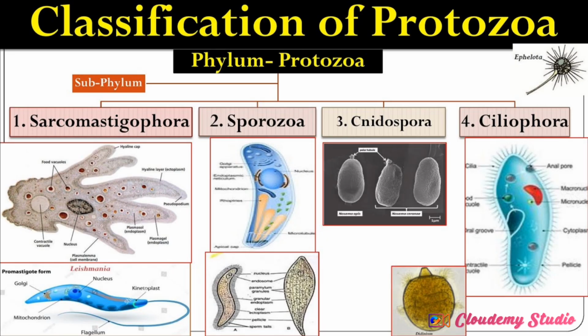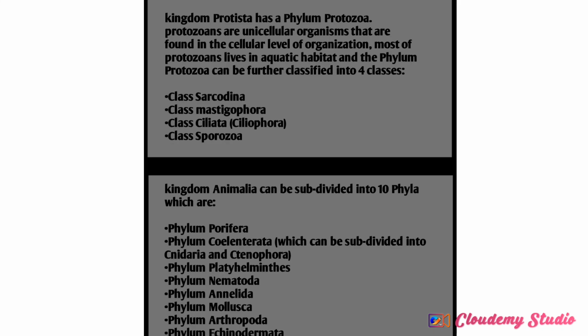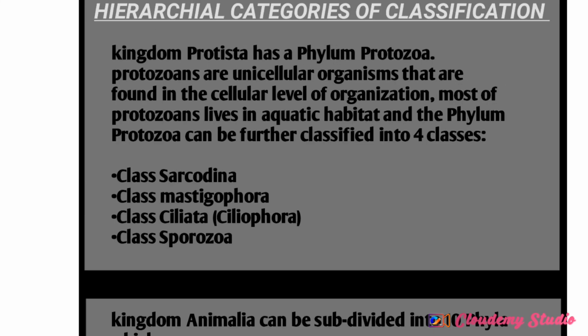Now, starting from where we stopped last week, we have the four classes of phylum Protozoa, and that is class Sarcodina, class Mastigophora, class Ciliophora, and class Sporozoa. And if I could remember, I said the representative member of class Sarcodina is Amoeba.